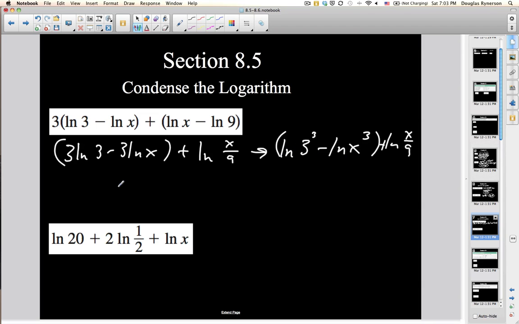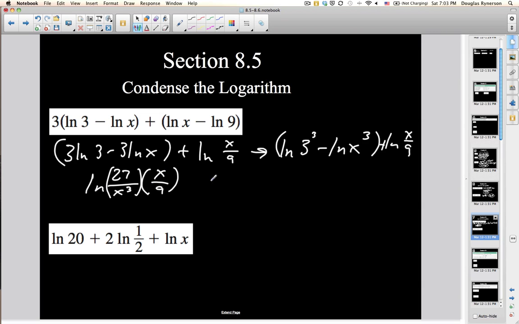Now 3 cubed is 27, so this would become 27 over x cubed, and this plus would make it multiplied times x over 9. So what I did in this step is I took the subtraction and made it division here, and this addition becomes multiplication.